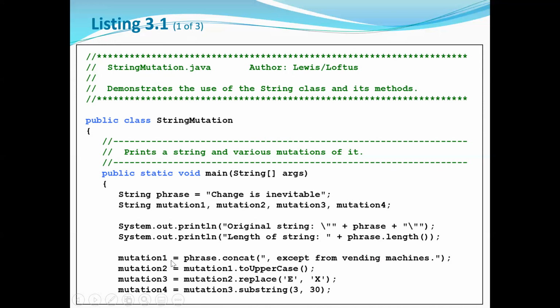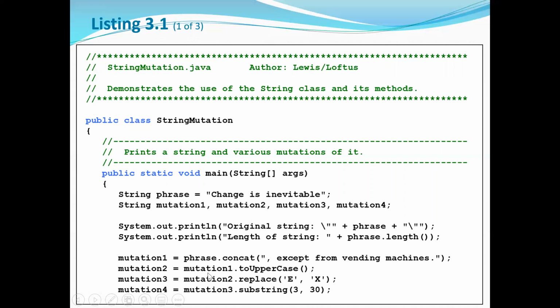If we print mutation1, our output will be "Change is inevitable, except from vending machines," because we're using the concat method to join the string in phrase with the string in the parentheses.